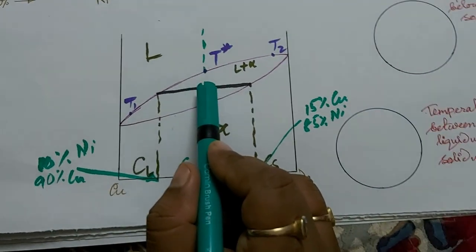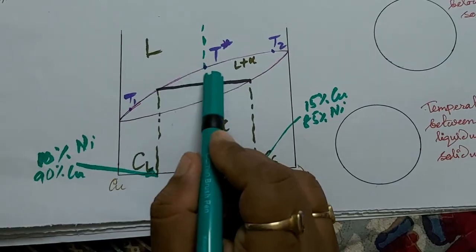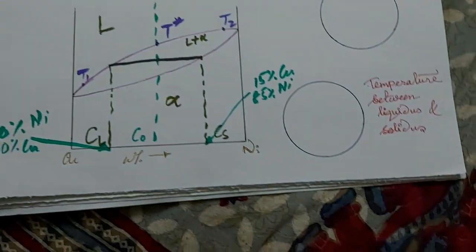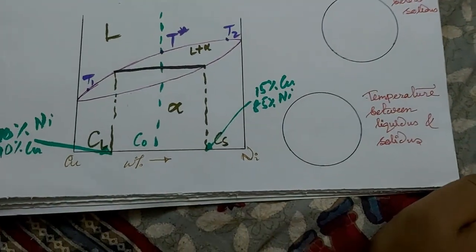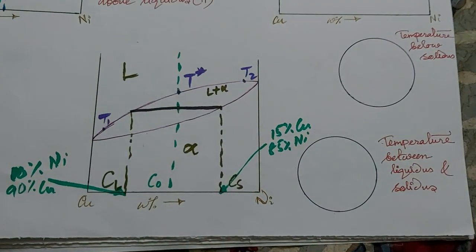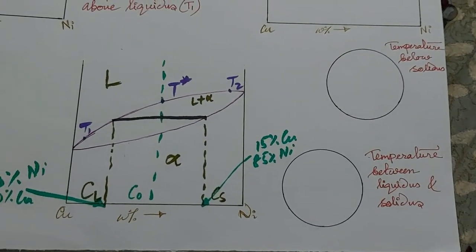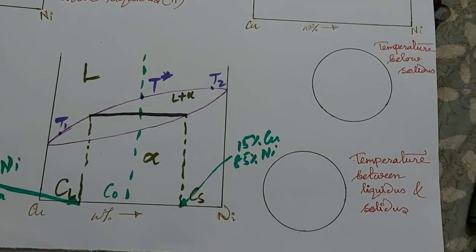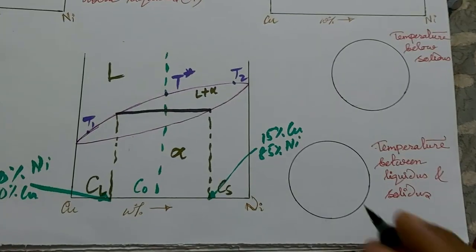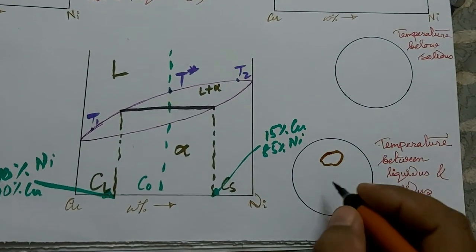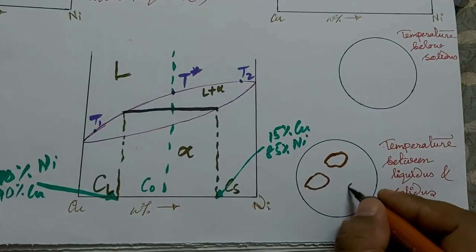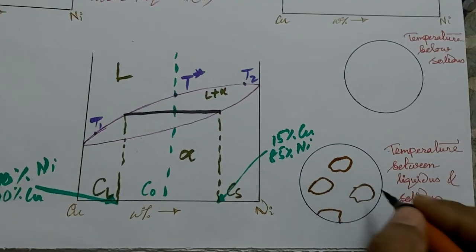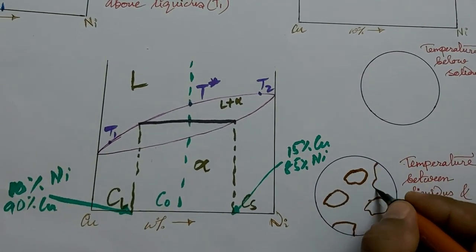And we will see the microstructure at this point, where the point is in between the liquidus line and solidus line. As we have both solid phase as well as liquid phase in this case, the microstructure will consist of alpha phase as well as liquid phase.